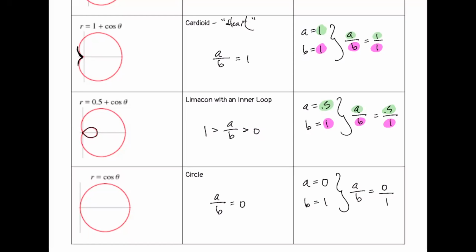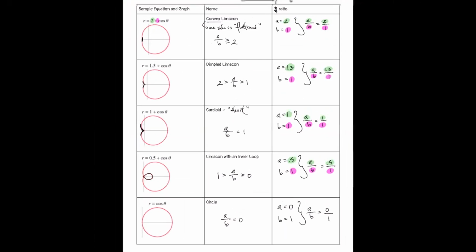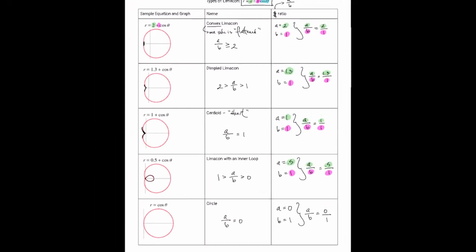Even though we learned that earlier, a circle is actually a special case of the cardioid, where the A value is 0, and so we end up with a circle. None of the sides are dimpled or convex. It's just round. There's no inner loop, none of the other fancy features. It's the most basic cardioid.